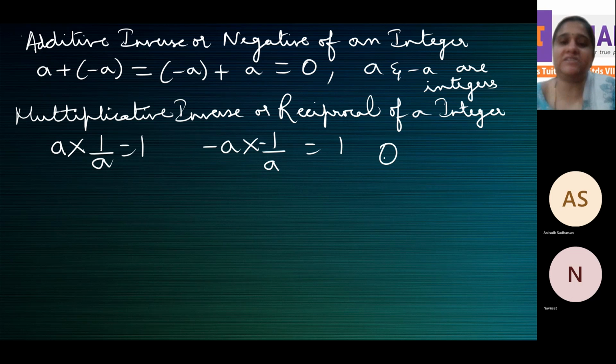Now the integer 0 does not have a reciprocal, because 0 means 0 by 1, like 5 means 5 by 1 and 6 means 6 by 1. Its reciprocal would be 1 by 0, but we know that division by 0 is not defined.